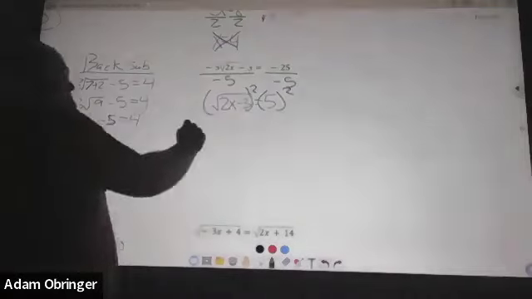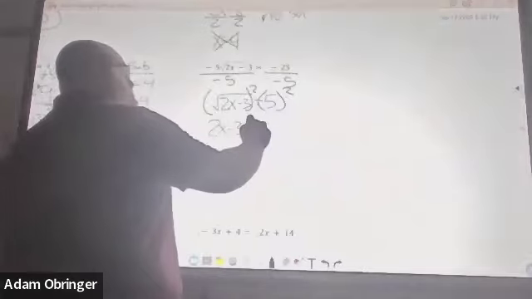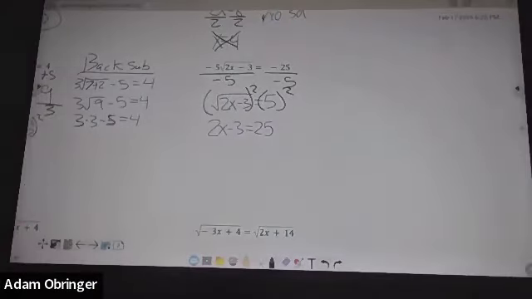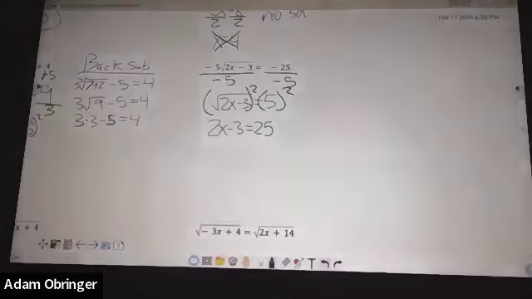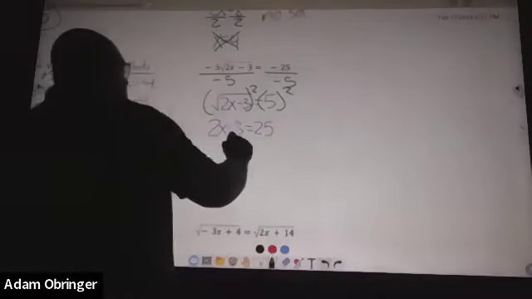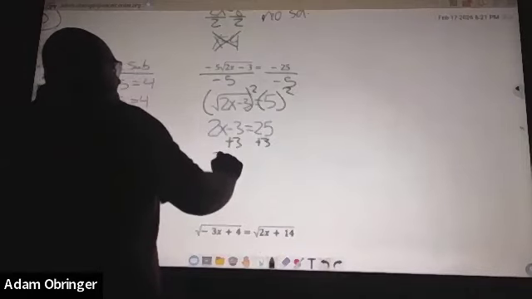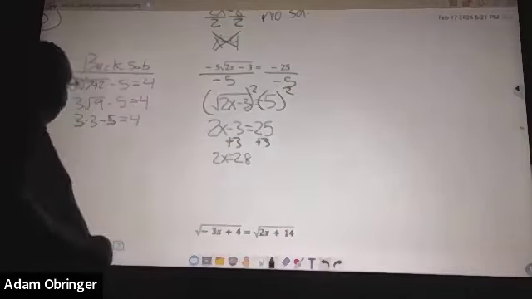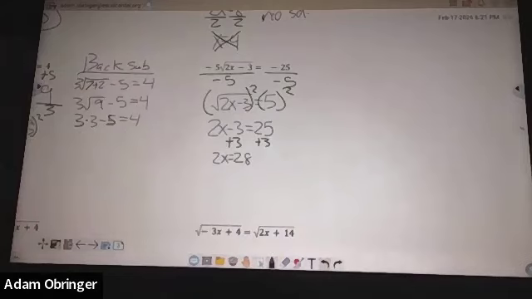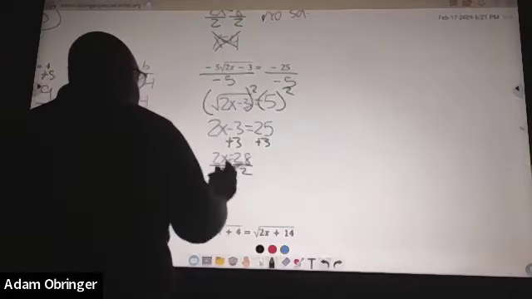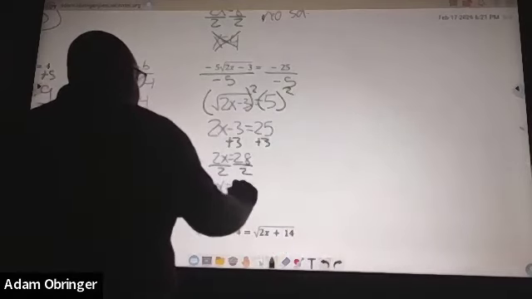So then 2x minus 3 equals 5 squared, which is 25. To cancel the minus 3, we will add 3 to both sides. So then 2x equals 28. And then lastly, you are going to divide by 2, which leaves you with x equals 14.